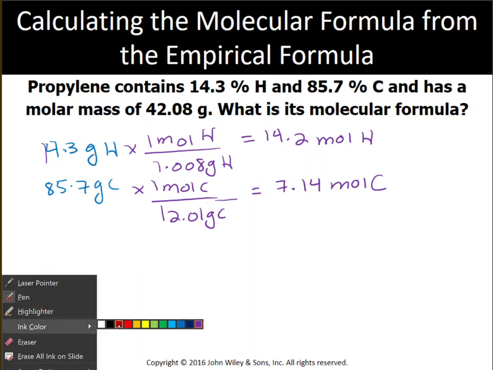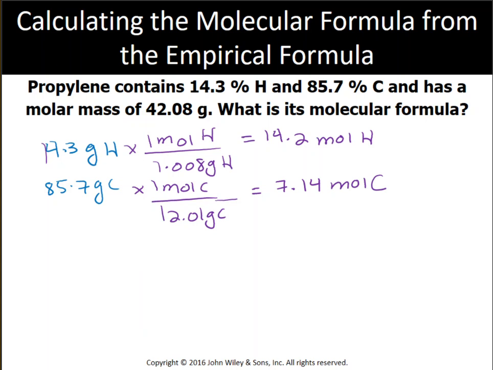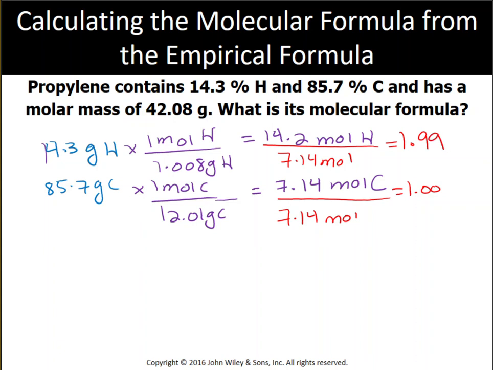Now next step is finding the smallest molar ratio in between these two. So I'm going to divide this by 7.14 mole. So that gives you 1. And this comes out as 1.99, which we can still round off to 2.